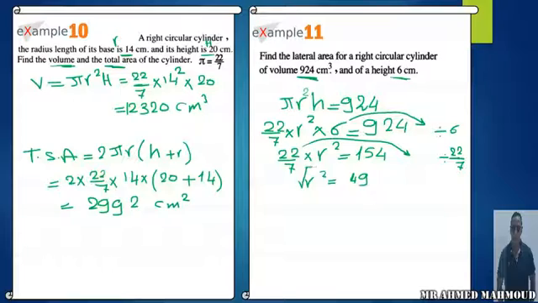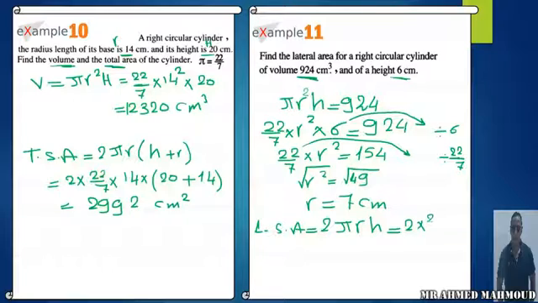Now I'm going to take the square root of both sides, then r equals 7 centimeters. Okay, now to find the lateral area, it equals 2 pi r h, which equals 2 times 22/7 times 7 times 6.